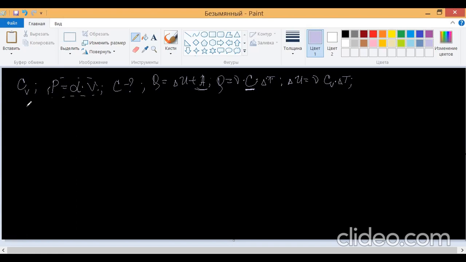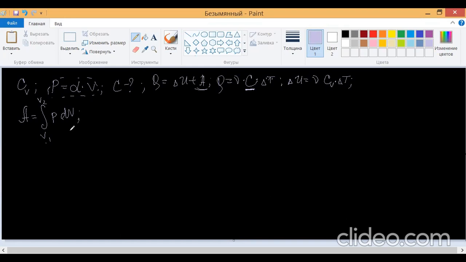What can we do? First of all, let's remember that A is traditionally calculated with the help of the integral of PdV, and the integration limits are V1 and V2, the initial and final volumes of the system. Okay. So far, so good, but it's not clear yet what we do next.